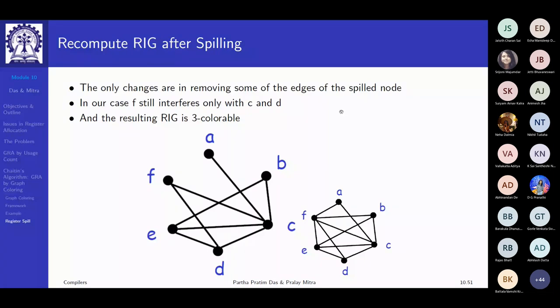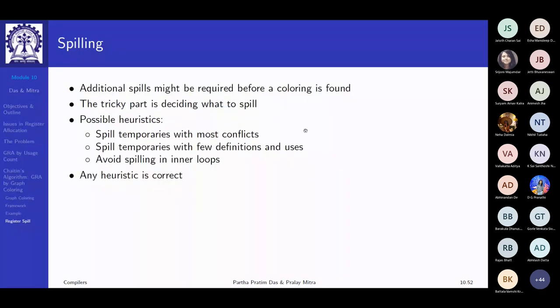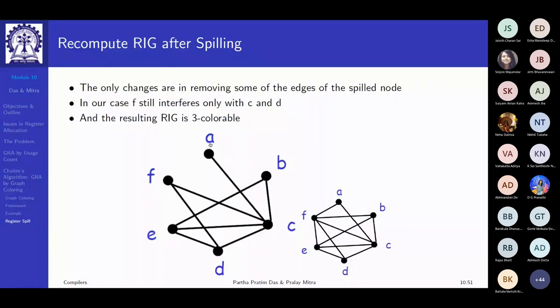So additional spills might be required before a coloring is done, because it may so happen, for example, coming back, if I wanted this to be 2 colorable, if I was having just 2 registers, then even with this spilling of F, I will not be able to actually color this graph.